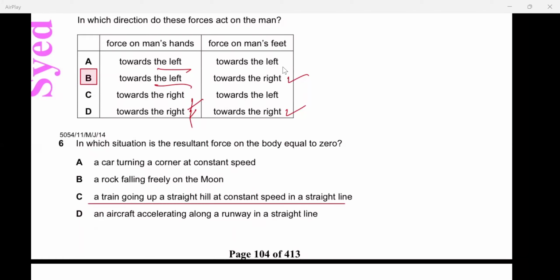For resultant force to be 0, speed should be constant, and it should be moving in a straight line. Direction should not be changing.